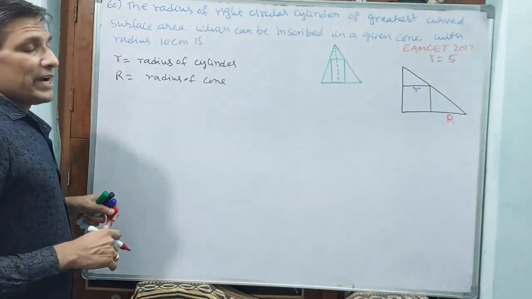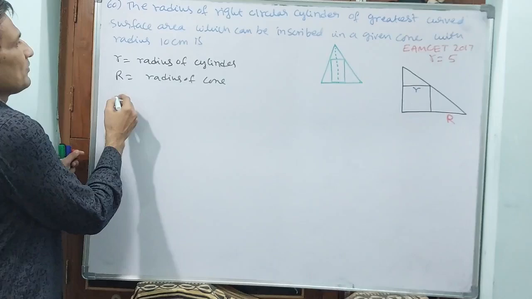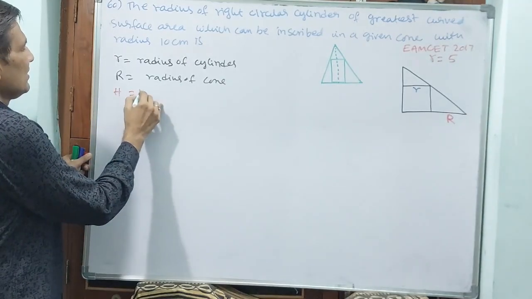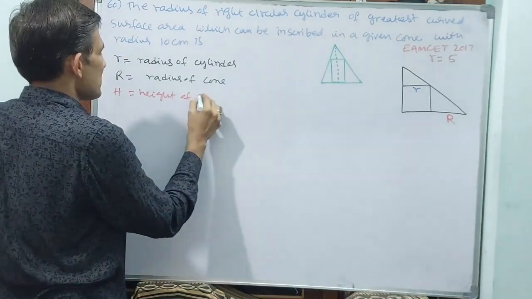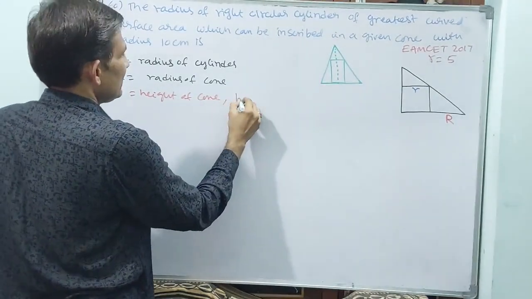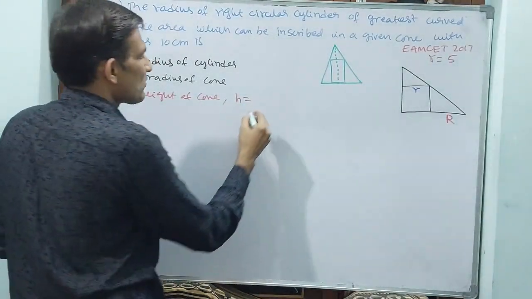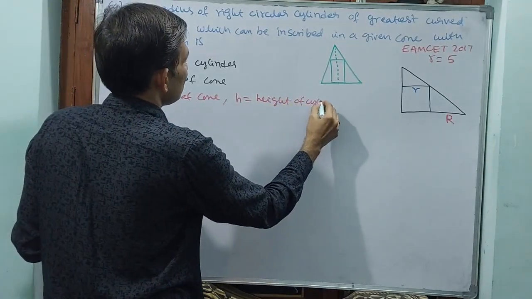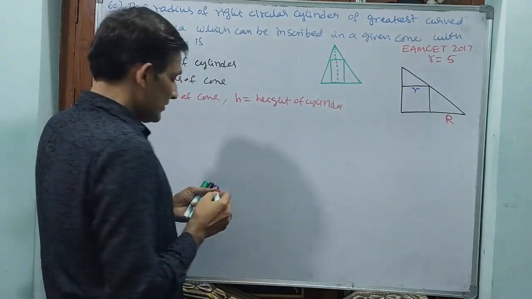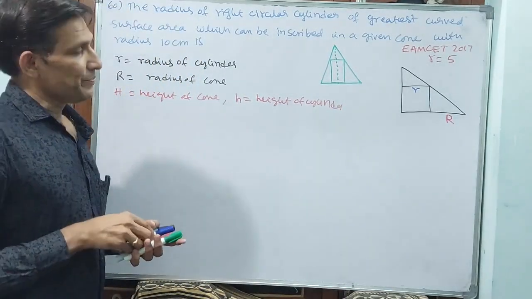Afterwards, capital H will be the height of cone, where the cone is bigger. Then small h will be the height of cylinder. Okay, now you tell me.